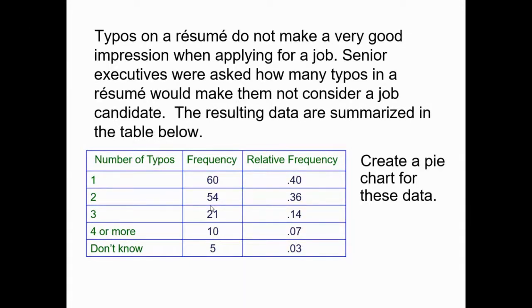They look at your resume, there's a typo, and it just goes in the trash. If there's two typos, it's 76% of the time it's going in the trash. Three typos, 90%. And if you got four or more, it's pretty much guaranteed to go into the trash.